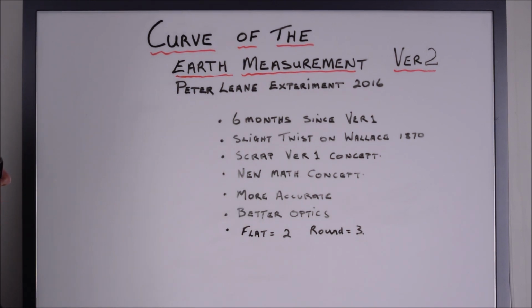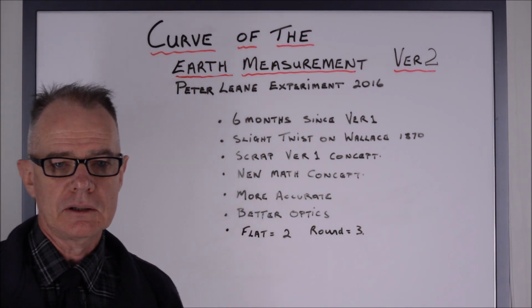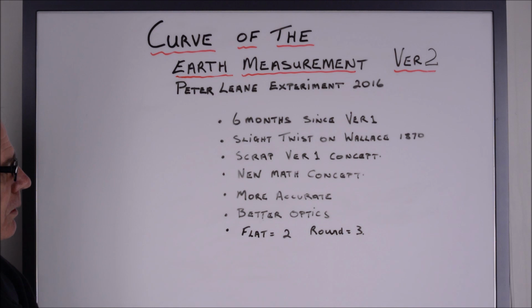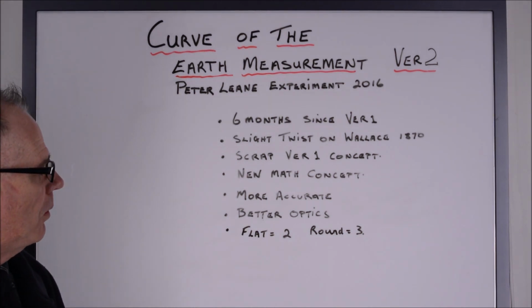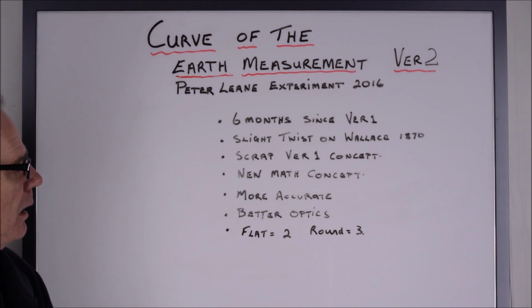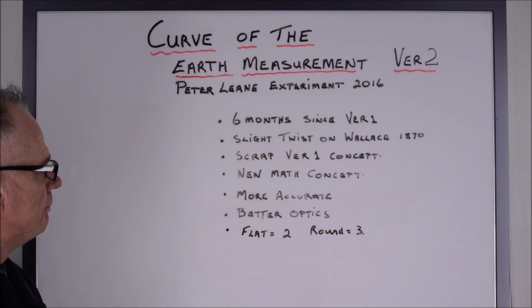Our mathematics is a little bit new. A friend of mine helped me, because I had really struggled with this mathematics, this 8-inch over 1 mile concept, and he explained it to me much more clearly, and then all of a sudden it clicked and I could see where I was making my mistakes.